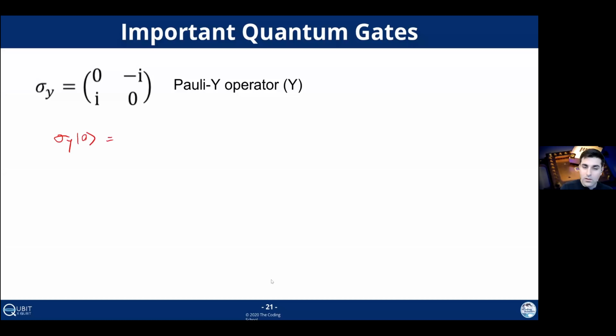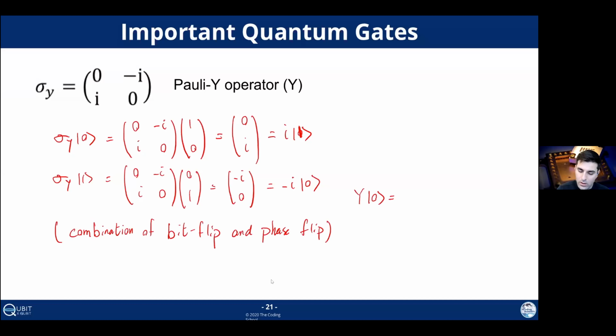In other words, if I were to put an I here, so if I'm applying this Pauli Y to the 0 state, that seems to be the same as if I had an I here, and X, a Y, an X, a Z applied to the 0 state. And in fact, this is true.